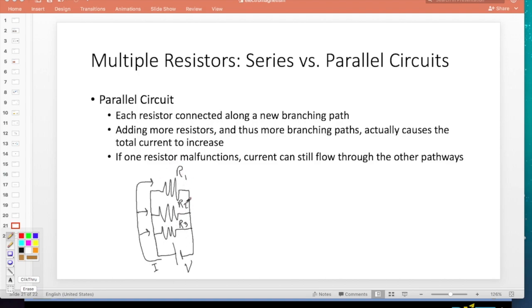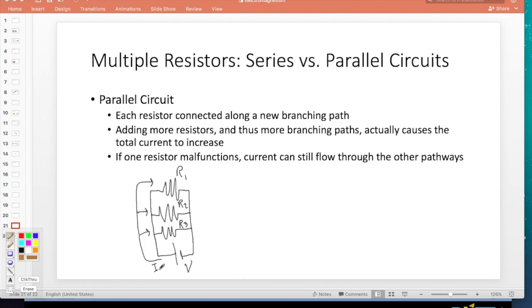Interesting things happen when you start adding resistors in parallel with each other. Adding more resistors here, completely opposite of adding them in series. Adding them in parallel makes the total current of your system increase. It actually causes the total current to increase. This is a little bit counterintuitive, but if you think about it for a moment, it kind of makes sense.